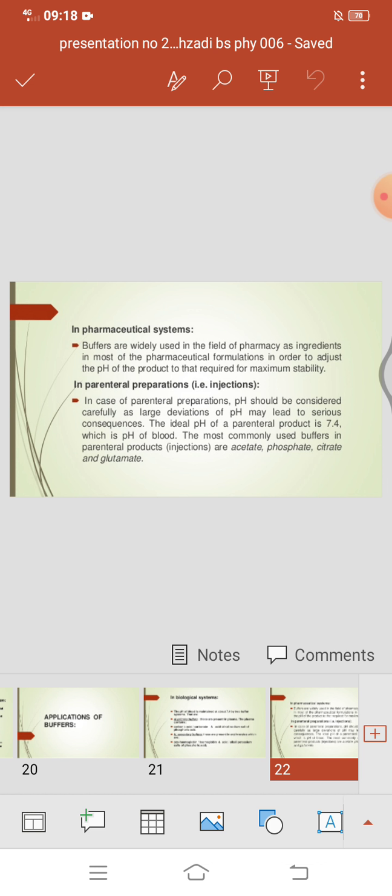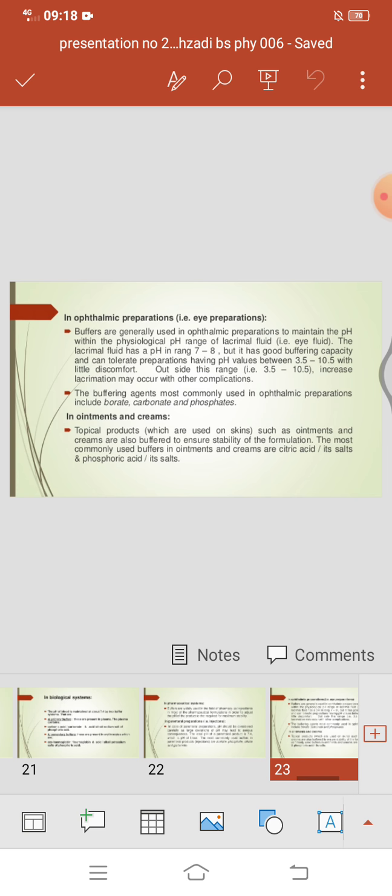The ideal pH of a parenteral product is 7.4, which is the pH of blood. The most commonly used buffers in parenteral products are acetate, phosphate, citrate, and glutamate.